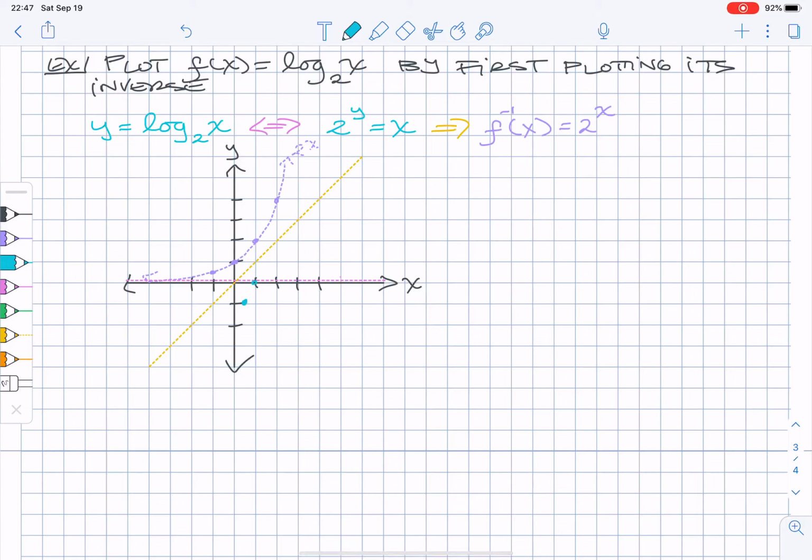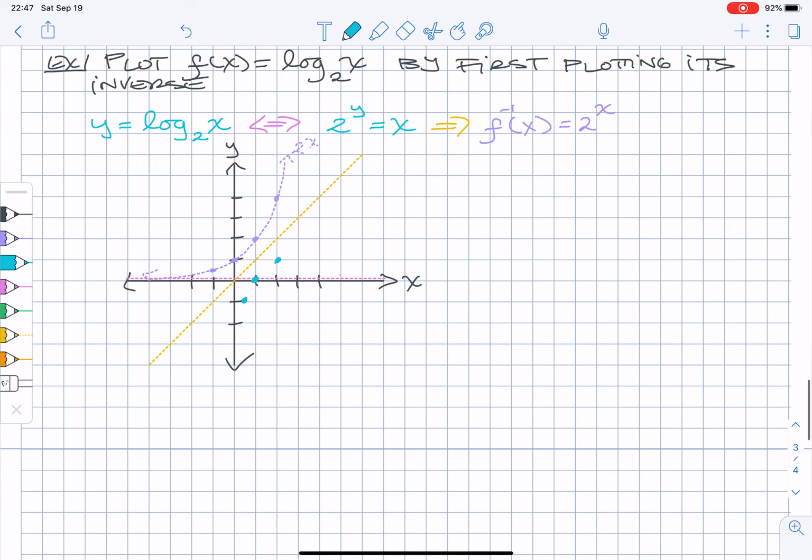Instead of 0, 1, it's 1, 0. Instead of 1, 2, it's 2, 1. Instead of 2, 4, it's 4, 2. So we get this lovely logarithmic function, which is just a reflection of 2 to the x, so log base 2 of x, about the line y equals x.